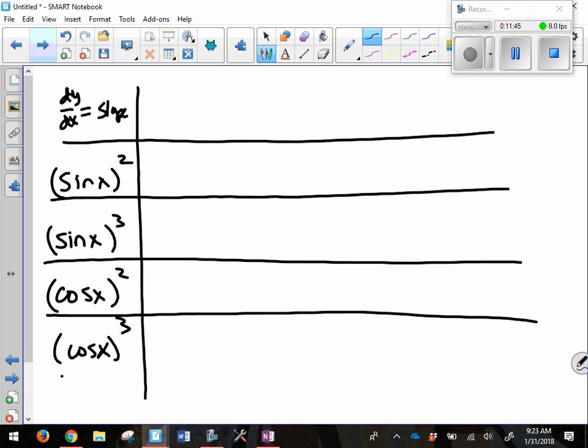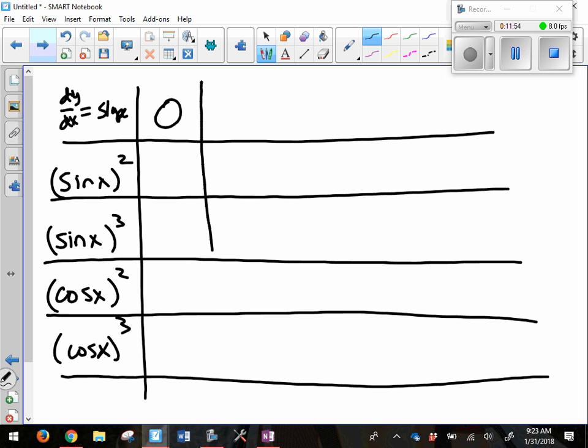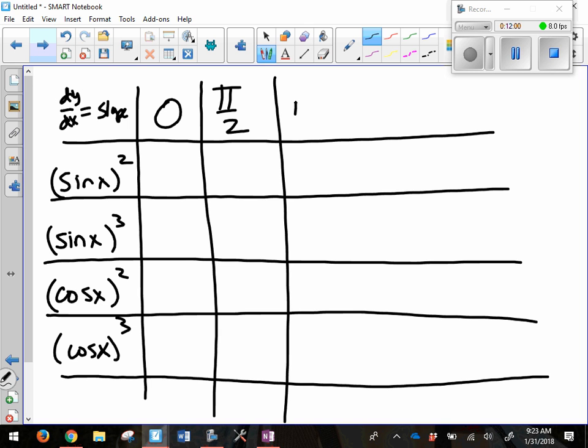Let's see if we can bring that back over there. So we're going to be interested in 0. Because these are trig functions, probably pi over 2. Because our graph goes on both sides.